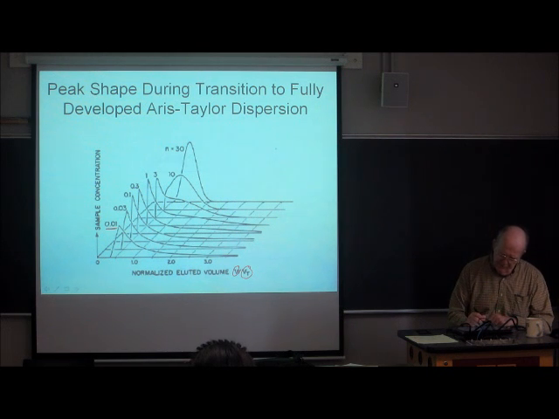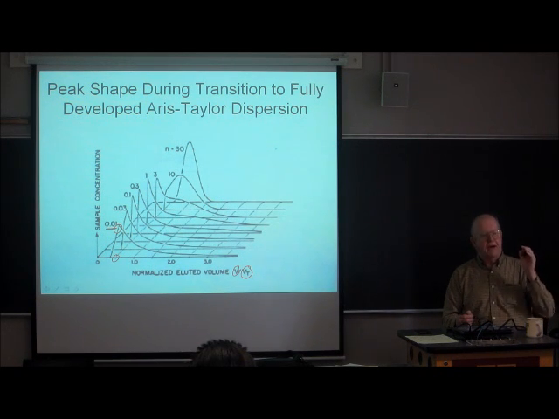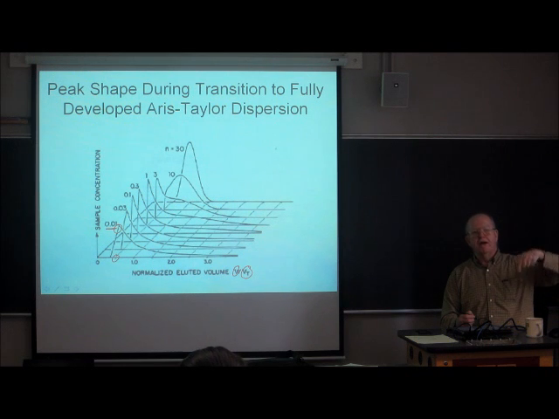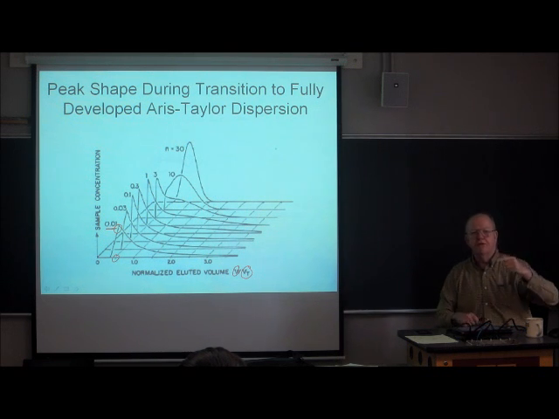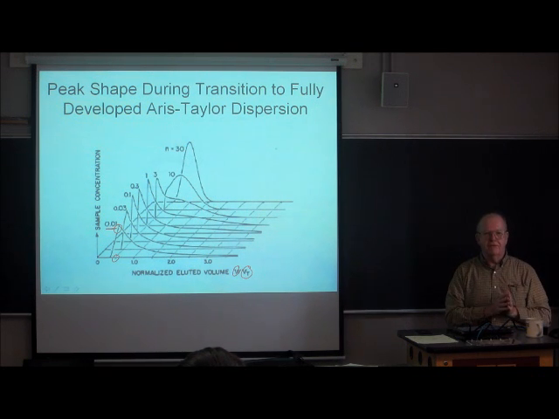The peak maximum occurs at a time corresponding to half of the volume of the tube, because the flow rate at the center is twice the average flow rate. So it moves through the tube twice as fast as the average. And so the maximum occurs in half the time.